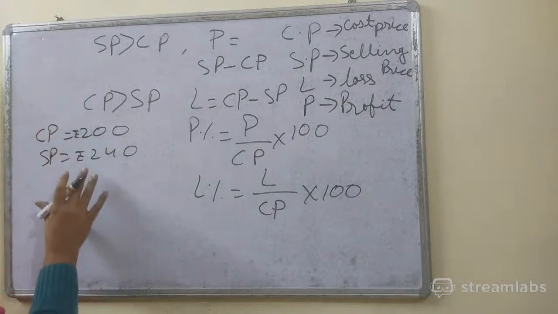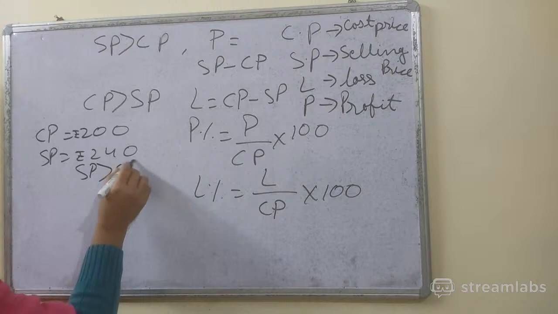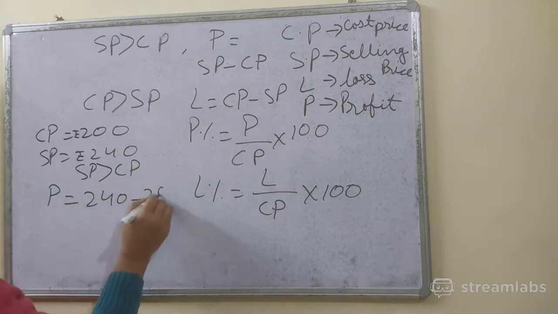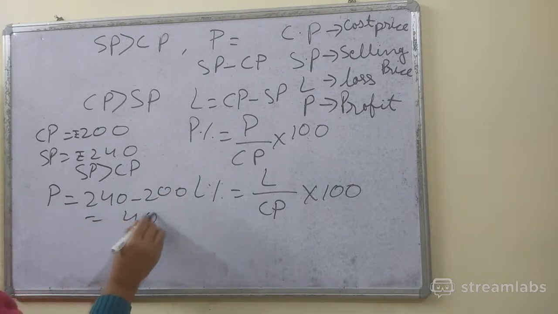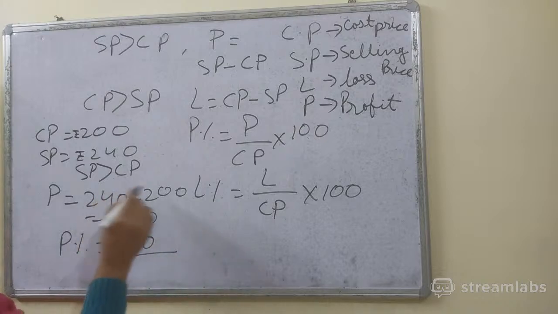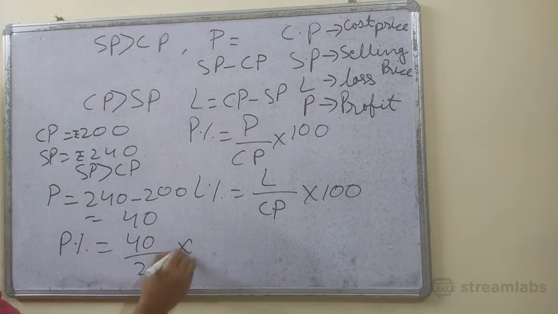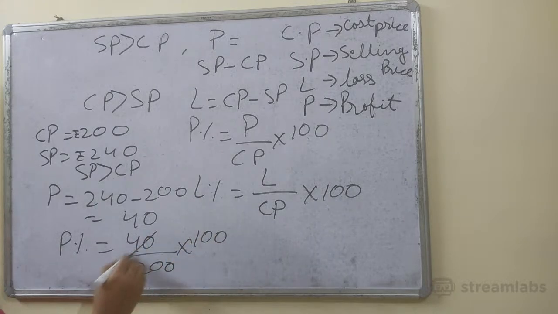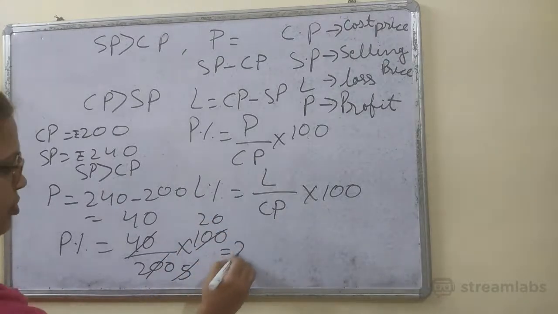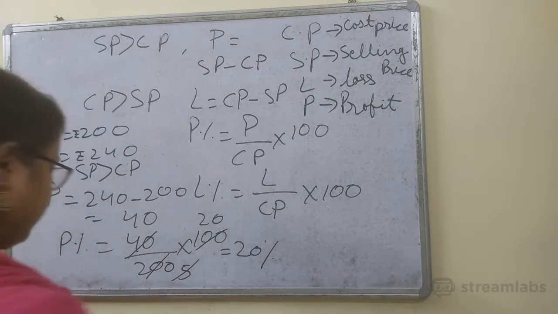It is very clear from the question that SP is greater than CP, so there is a profit. 240 minus 200 is equal to 40. Profit percent is 40 by CP. CP is 200, so 40 by 200 into 100. So the answer will be 20%. Clear? Now next.